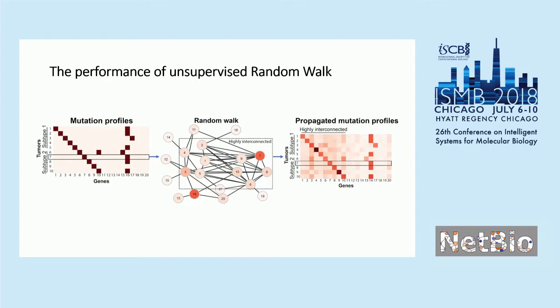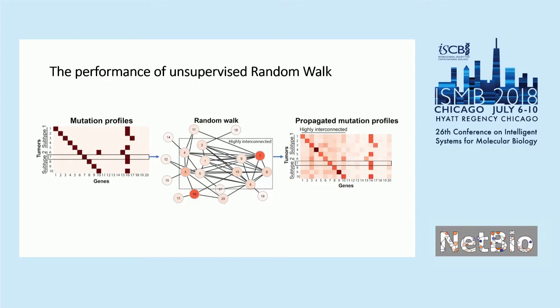Since all the characteristic genes were highly interconnected, both within the same subtype and between the 2 different subtypes, the final propagated mutation scores were evenly distributed among all these genes, and as a result, the propagated mutation profiles failed to recognize the 2 predefined subtypes.